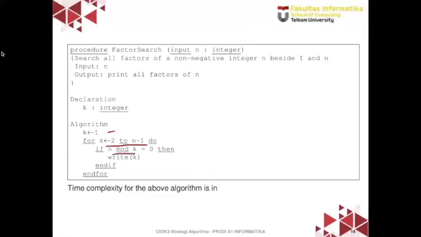If n mod k is 0, it means that k is a factor of n, so we just need to write k, and so on. We can see this only has one loop that iterates n minus 2 times, so the complexity of the above algorithm is big O(n).